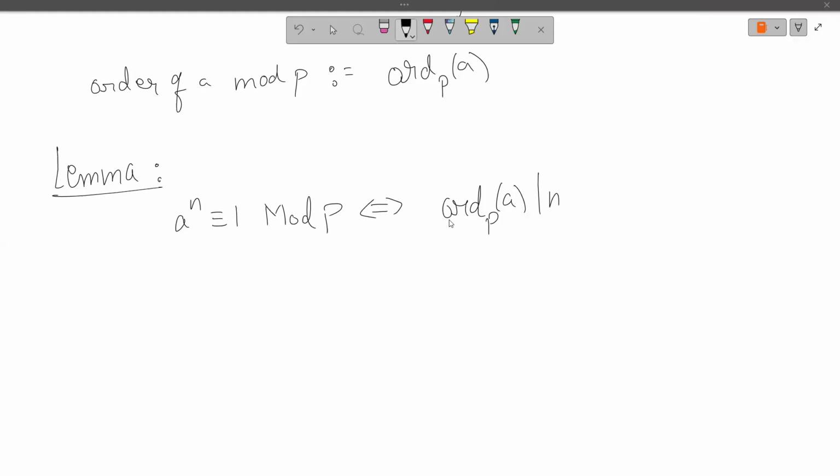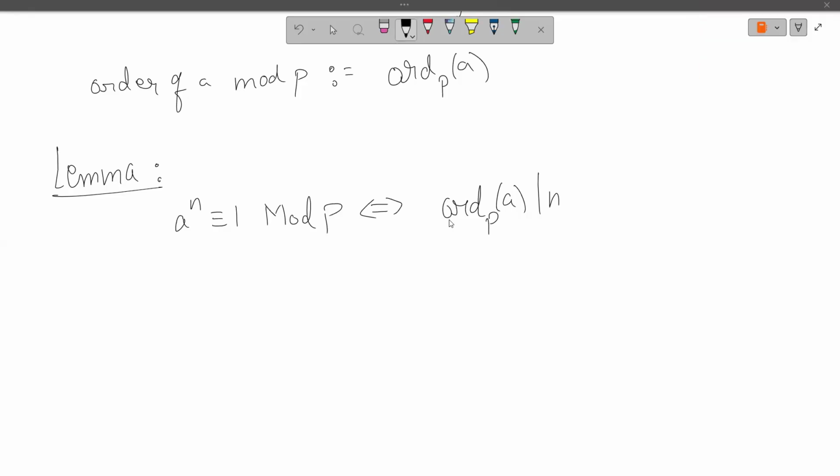So case 1 will be n equal to d, and in this condition p should not divide d. Wait, what should not divide d? d should not divide p. Okay, sure.